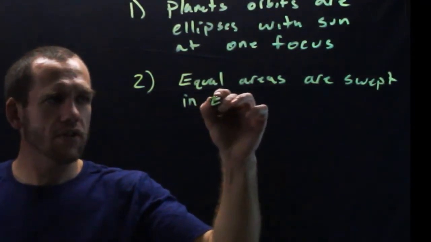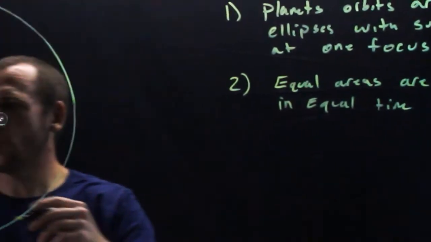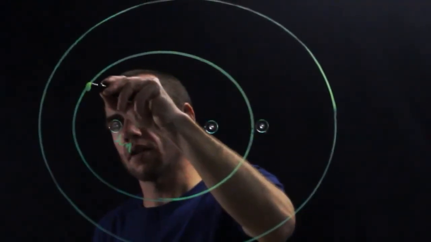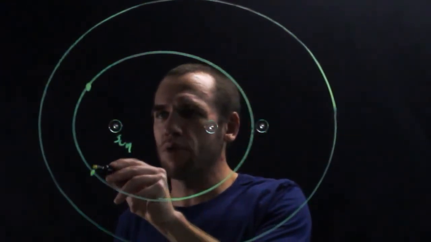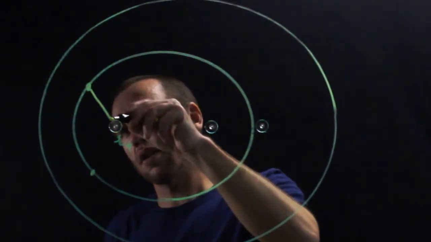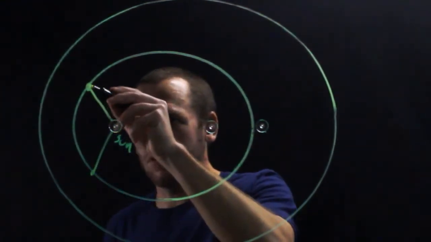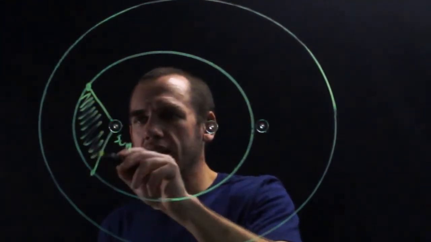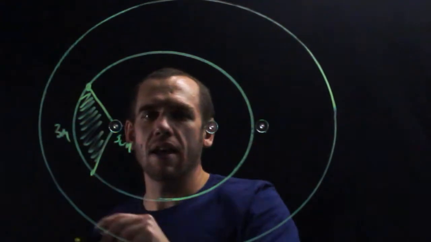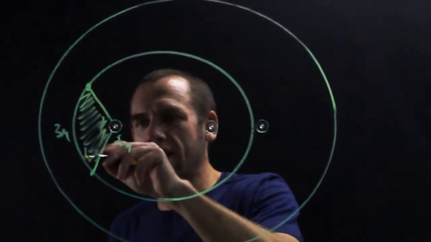Now, this also gets back to this shape. Okay? And so if I pick one spot, say right here, and I go some time later, say like 3 months later, and I'm over here, then the line we draw from the focus of the sun to the elliptical shape of the orbit, if we shade in this area, and this time is 3 months, then any other point that covers 3 months will have the same area as this shaded area.